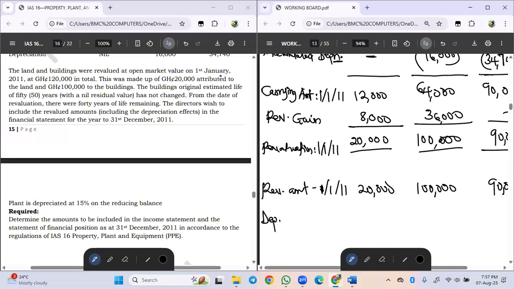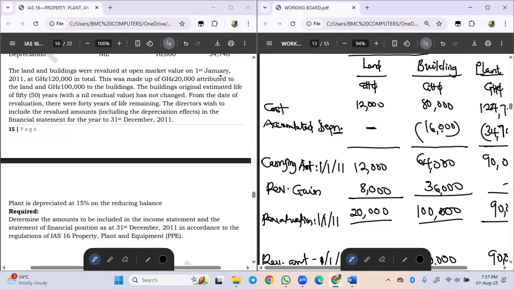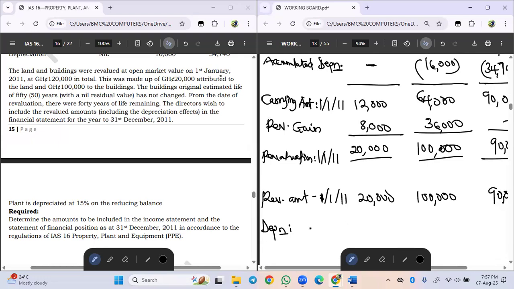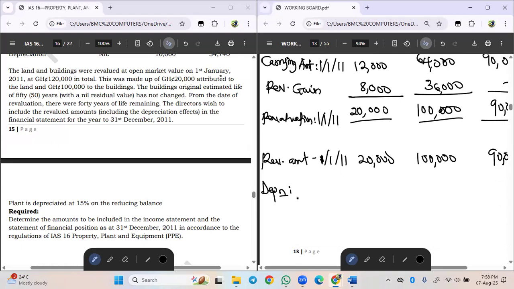Now the depreciation for the building. Let me use this approach. So building. We know we don't depreciate land. So for building, carrying amount is 100,000. And let's look at the remaining useful life as at that date. Now, the original estimated useful life of the building is 50 years.